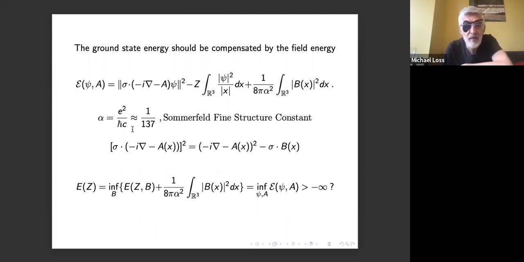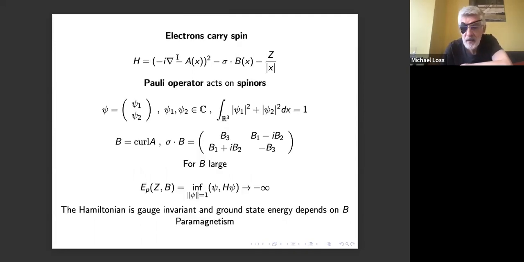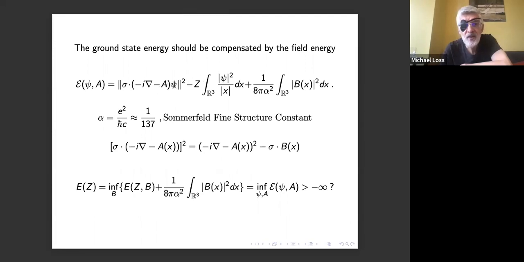You can actually write the functional associated with this Hamiltonian as sigma dot minus i grad minus A applied to psi, the L2 norm squared. This is a wonderful formula. When you work out the square of this operator, it turns out to be precisely that expression here. That's an old formula, but it's good to be reminded of it.